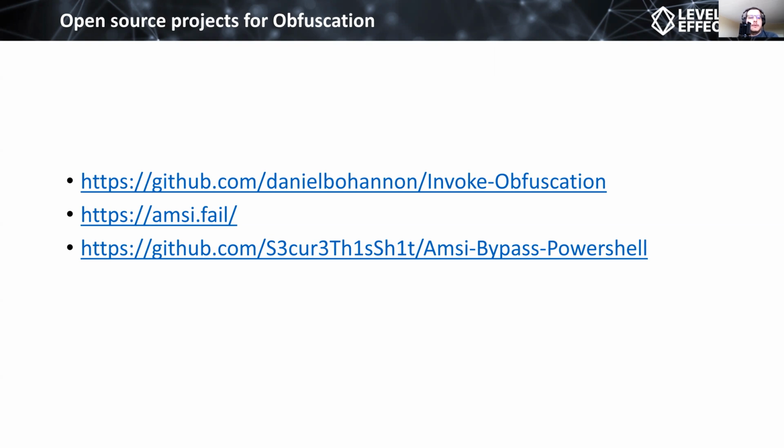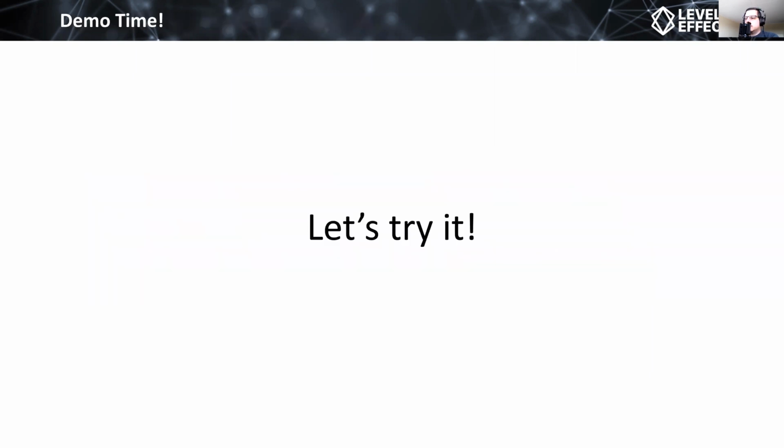I only had these three because these were the more common ones. That last one is just a repo for other research to check out. I definitely encourage you to look those up. But there are a ton out there, and a lot to read about AMSI bypasses. So without further ado, let's crank up our workstations and try this out.